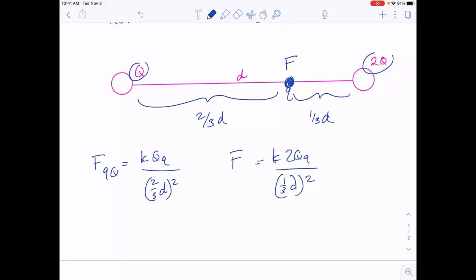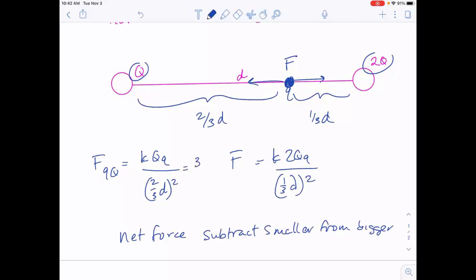If these are all positive, the first one is to the right, the second one is to the left, and so I would have to get the net force: I would have to subtract the smaller one from the bigger.